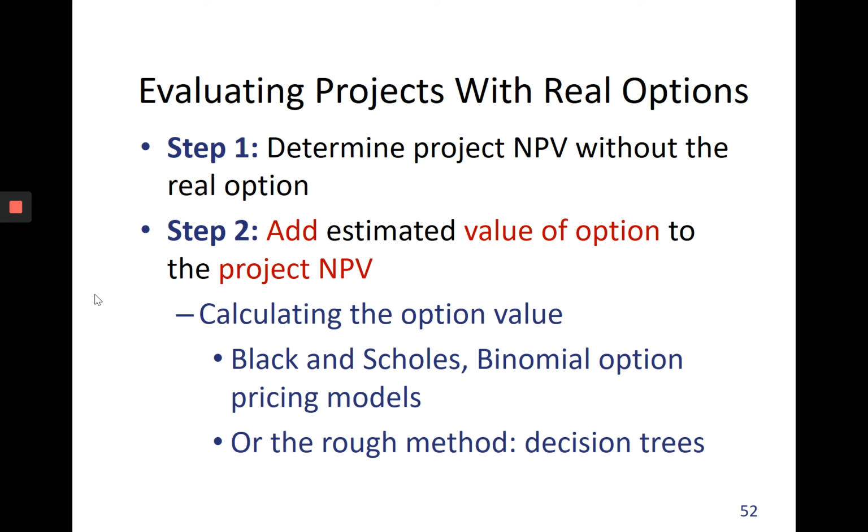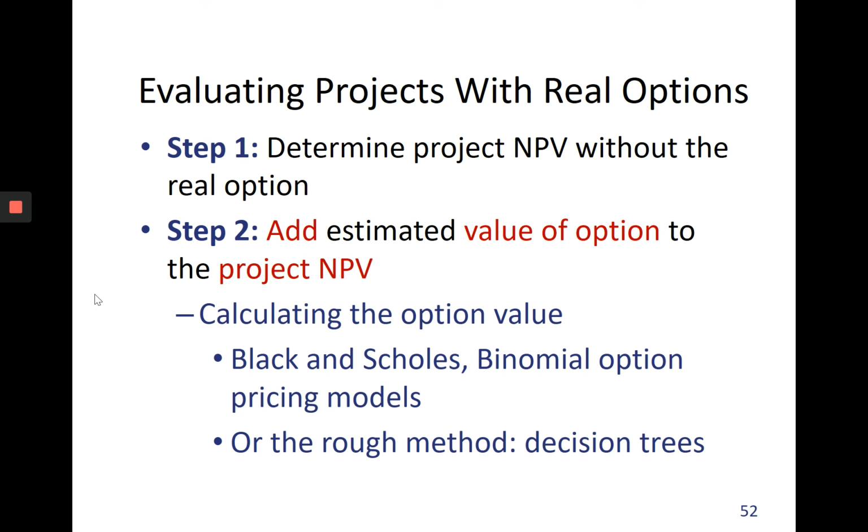Evaluating the projects with real options is simple in the sense that the value of the real option is always added to the net present value of the project. But calculating the value of a real option itself is not easy.